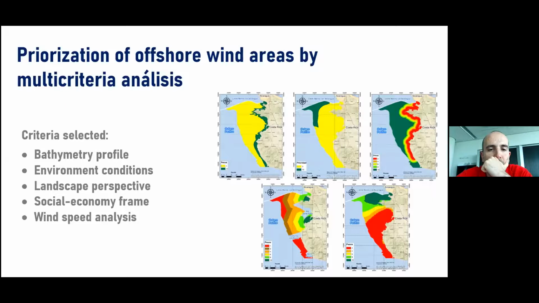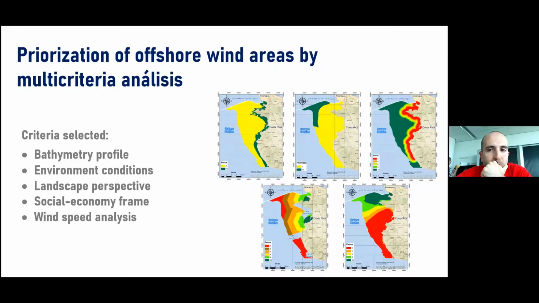Now we are working on prioritization of some specific offshore wind areas using a method called multi-criteria analysis. This multi-criteria analysis takes into account some selected criteria, as you can see: bathymetry, environmental conditions, landscape perspective, social and economic frame, and also wind speed analysis.